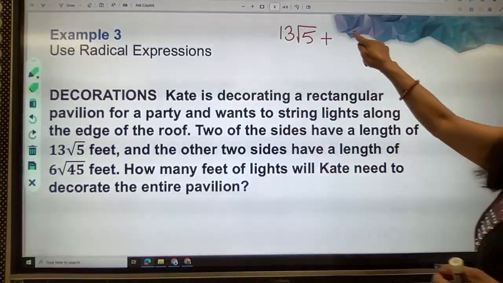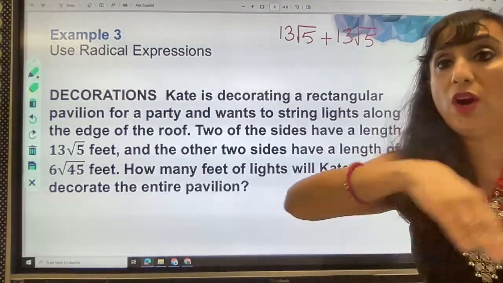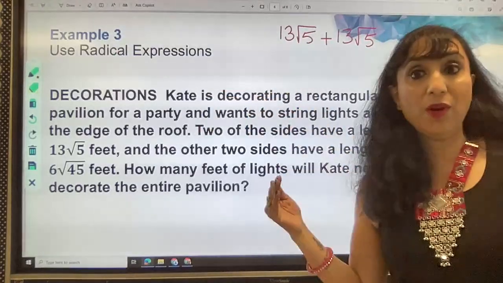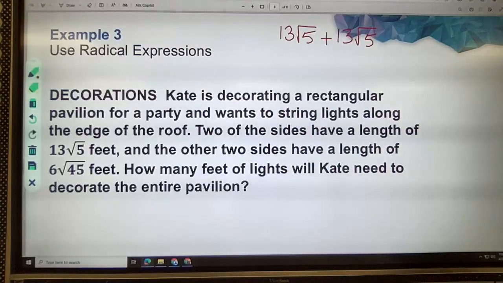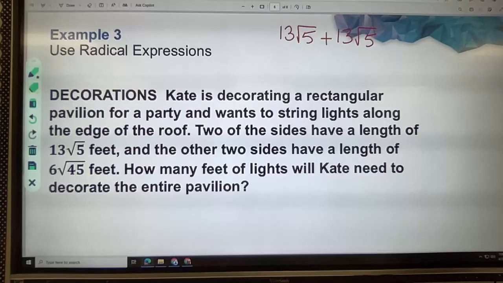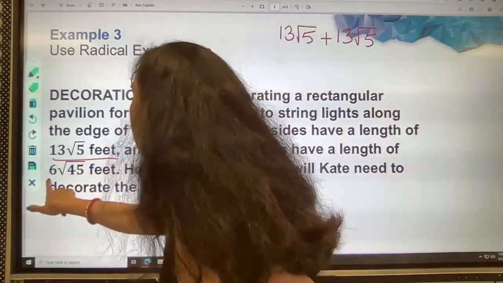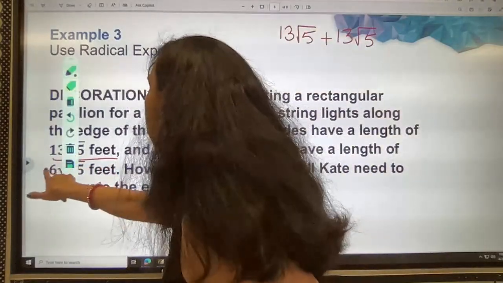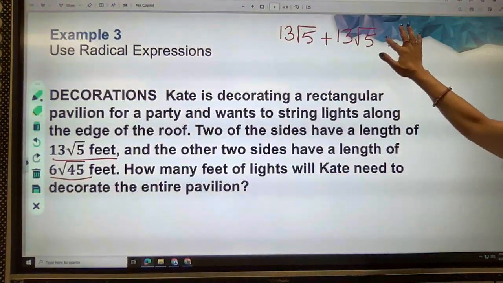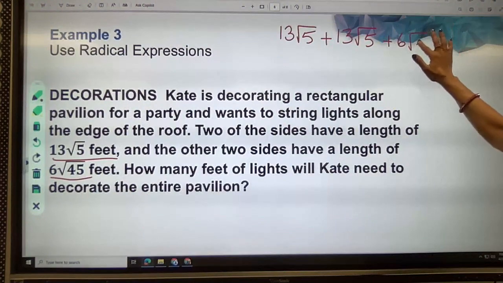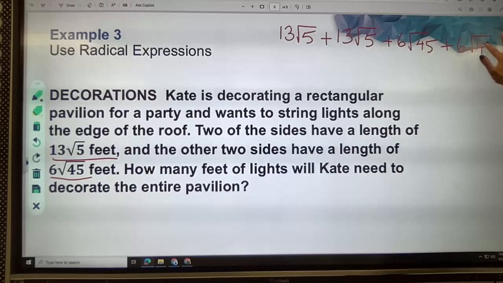We have 13 root 5, because we're trying to see what's going all around the edge. And perimeter, once again, is two widths and two lengths. And then we have the other side. It is 6 root 45. So this is one, and then this is another one: plus 6 root 45 plus 6 root 45.